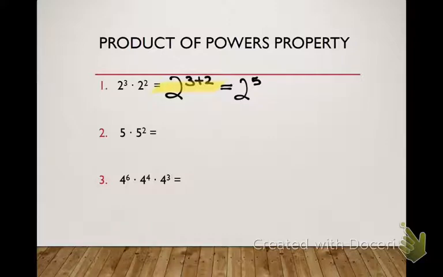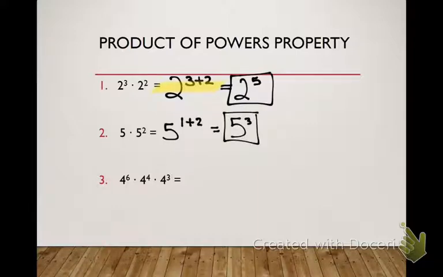So on the second one, I have 5 times 5 squared. But remember, we just talked about if there's nothing there, like on the first 5, we know that it's an understood what? 1 as an exponent. So that's 5 to the first plus 2, so that would make 5 to the third power.